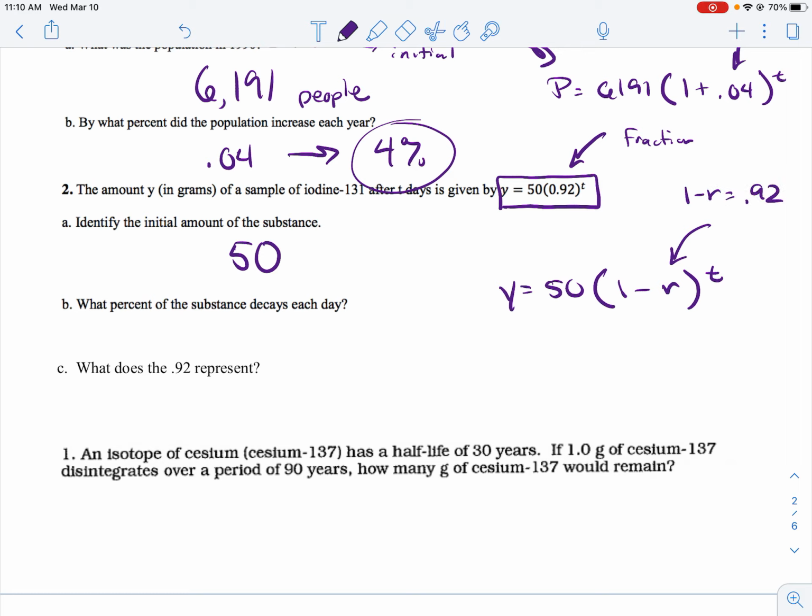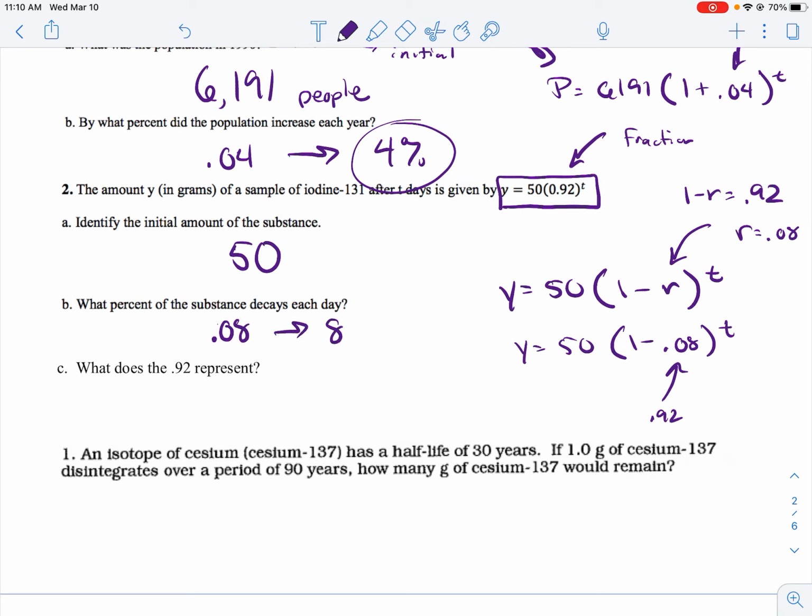Well, when you solve this out, you would find that R is equal to 0.08. Okay, so that means our equation here is 50 times 1 minus 0.08 to the T, and 1 minus 0.08 will give me that 0.92 inside the parentheses. So what percent of the substance decays each day?